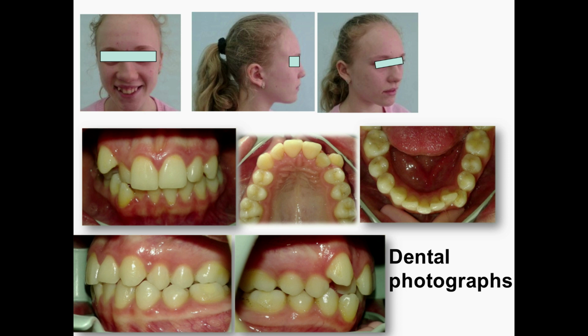For extraoral: full facial frontal at rest, full facial frontal smiling, facial three-quarters view, facial profile. For intraoral: frontal occlusion, buccal occlusion left and right, occlusal views over upper and lower arch.